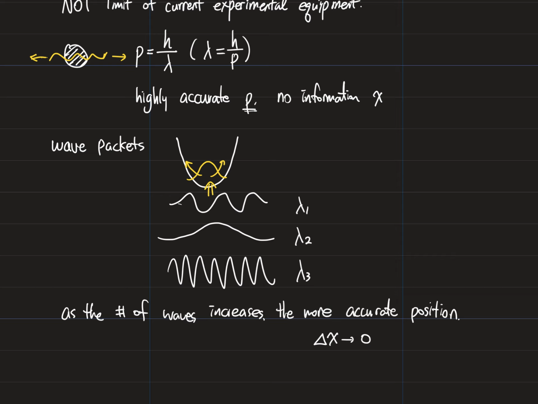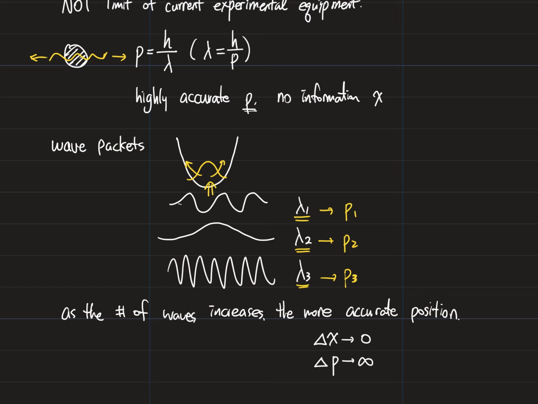However, because we used many different wavelengths, we have introduced a large uncertainty in the momentum, right? Each wavelength has its corresponding momentum p1, p2, and p3, and all of them contribute to the total momentum. So in this case, delta p becomes much larger.